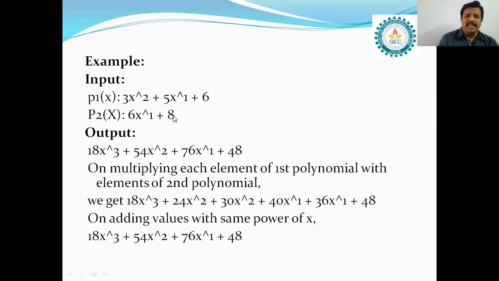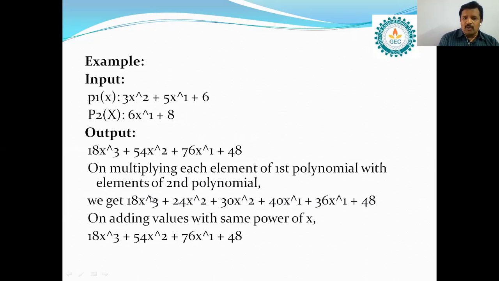And next multiply with 8. 8 times 3 is 24x power 2. And next 8 times 5 is 40x power 1. And 6 times 8 is 48, that is a constant. Now we have to add the coefficients with the same exponent value.